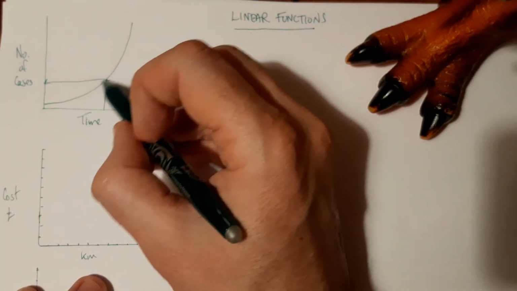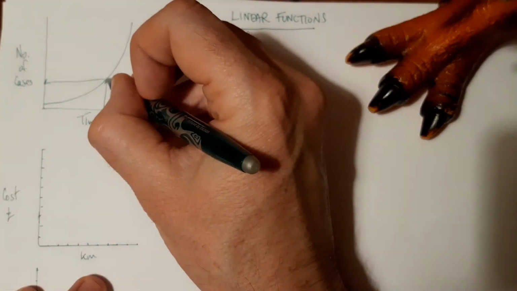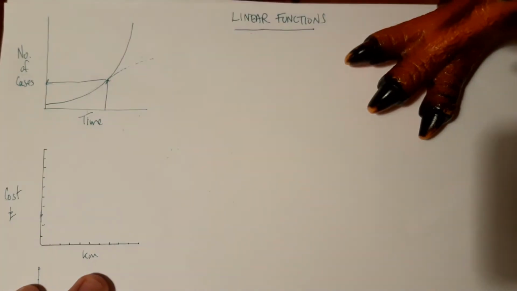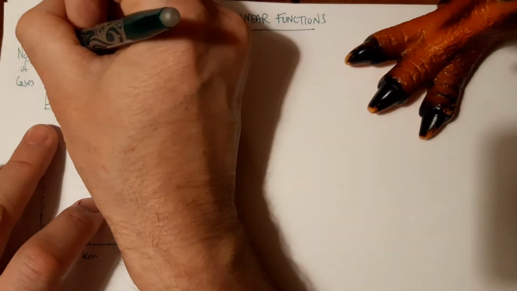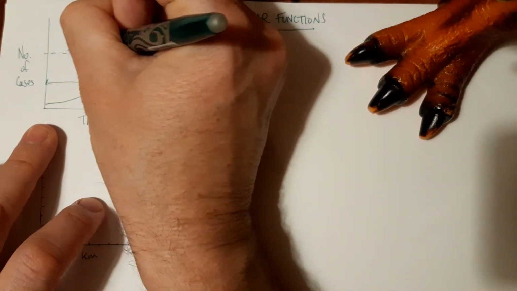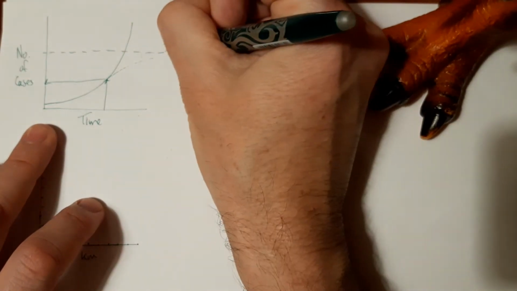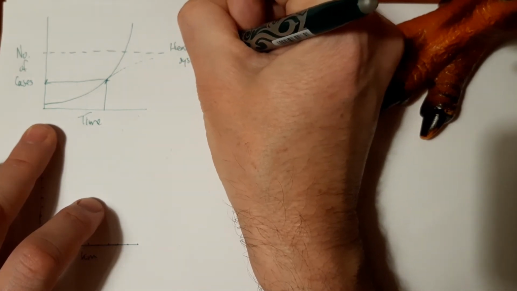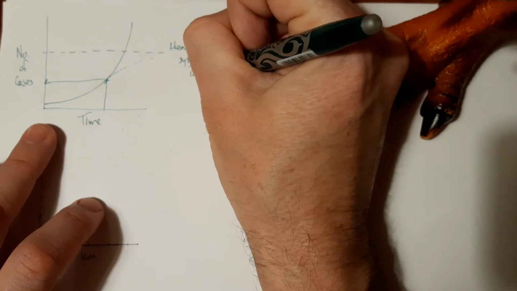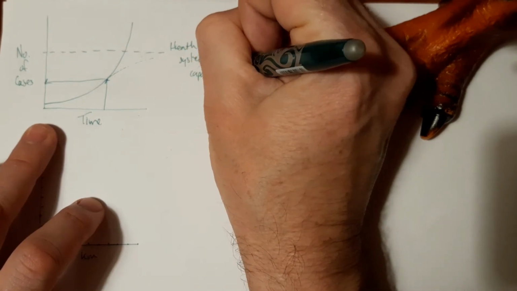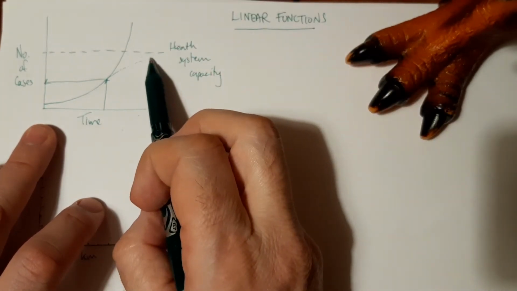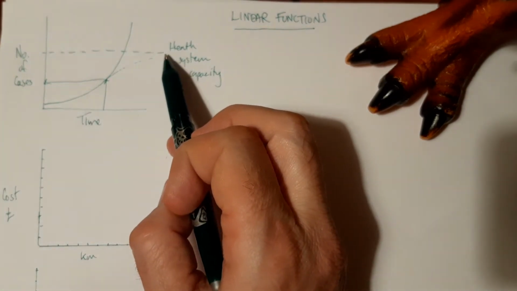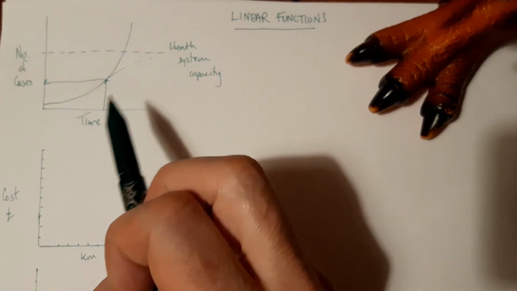Because we're trying to get it kicking out over here, and hopefully that is under our health system capacity, hospitals and whatnot. Hopefully we curl it under here so we don't get oversubscribed in the hospitals.